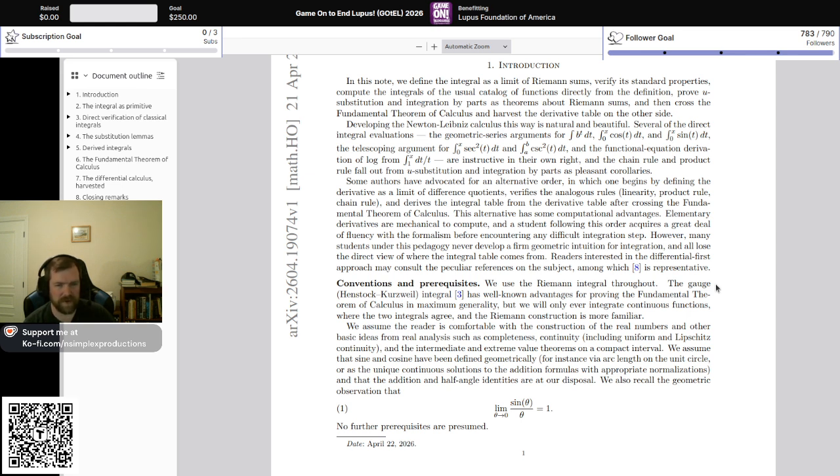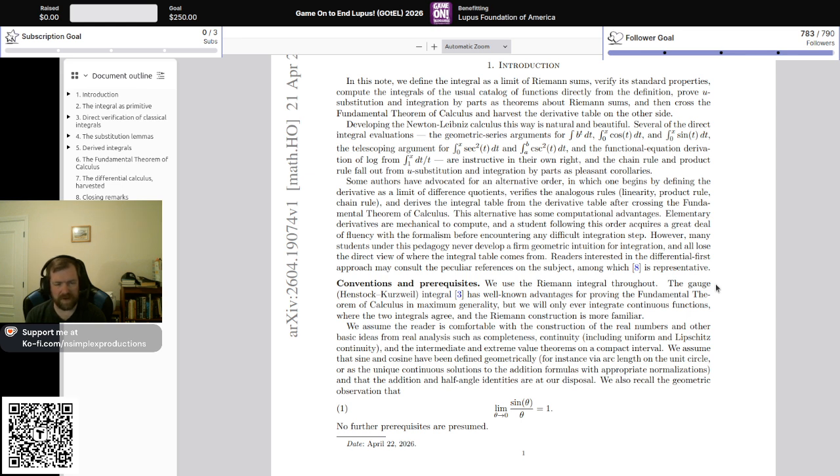We assume the reader is comfortable with the construction of the real numbers and other basic ideas from real analysis, such as completeness, continuity, including uniform and Lipschitz continuity, and the intermediate and extreme value theorems on a compact interval. We assume that sine and cosine have been defined geometrically, for instance via arc length on the unit circle, yes please, or as the unique continuous solutions to the addition formulas with appropriate normalizations.